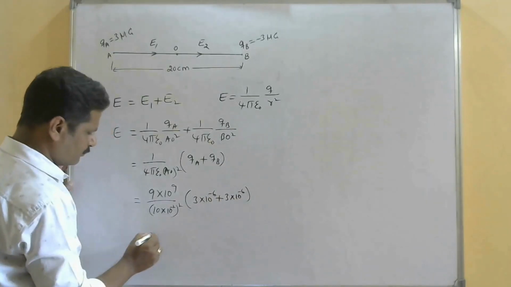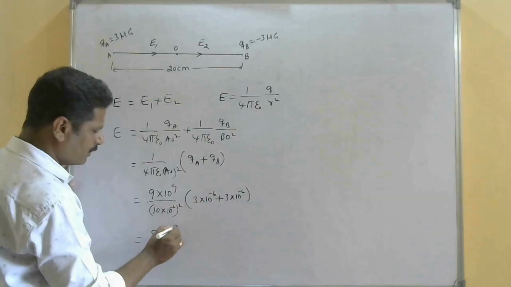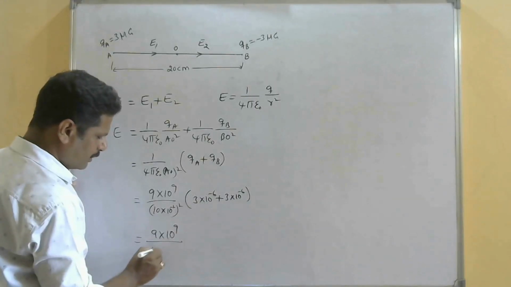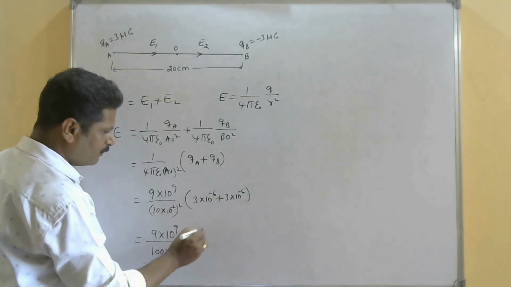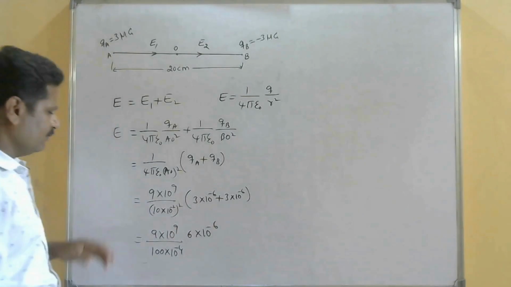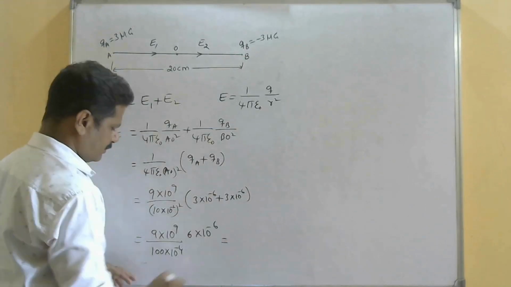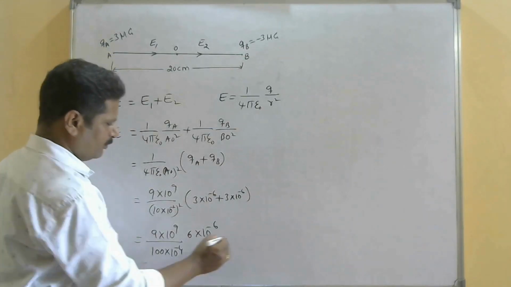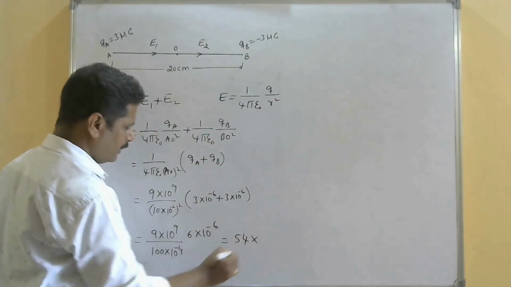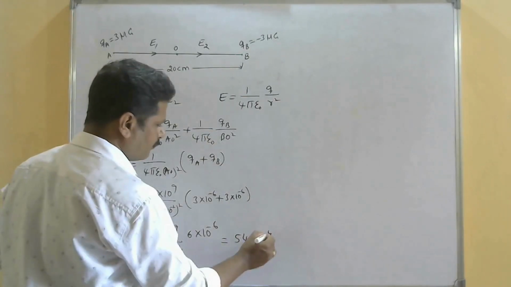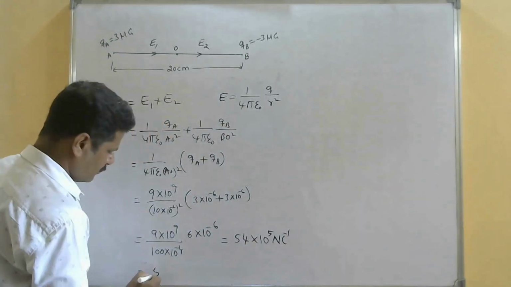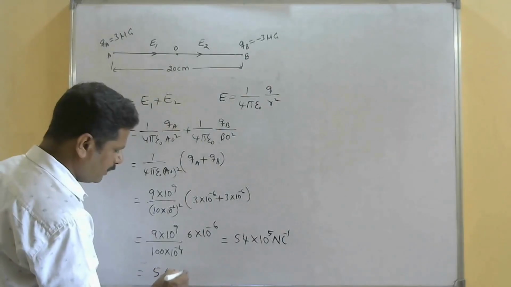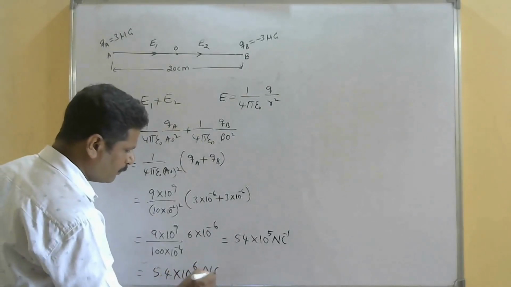This equals 9 into 10 raised to 9 divided by 100 into 10 raised to minus 4, times 6 into 10 raised to minus 6. On simplifying we get 54 into 10 to the power of 5 Newton per coulomb, or else we can take 5.4 into 10 raised to 6 Newton per coulomb.